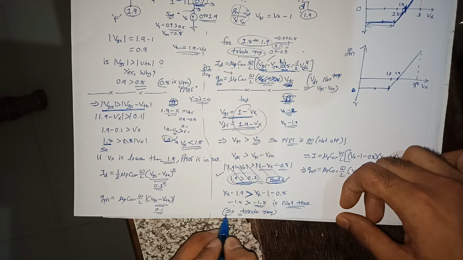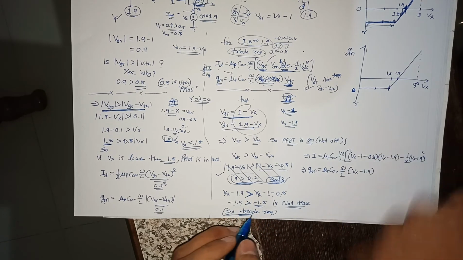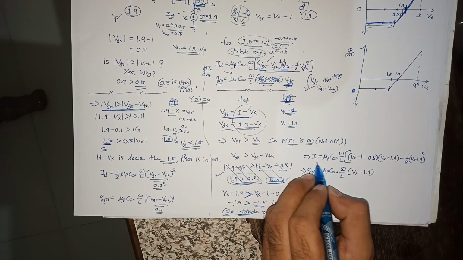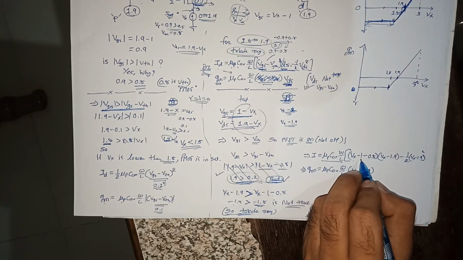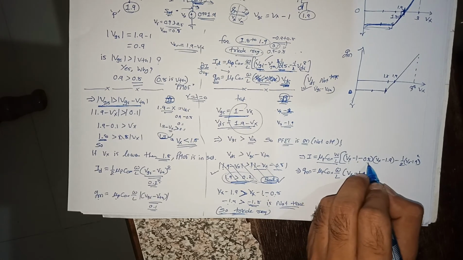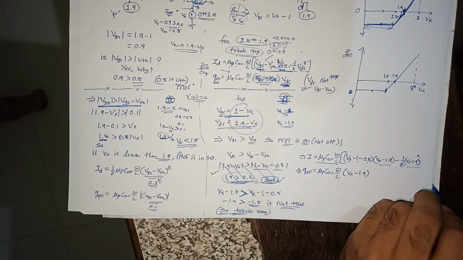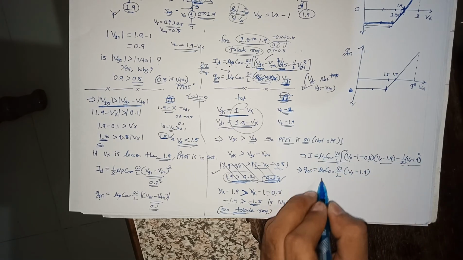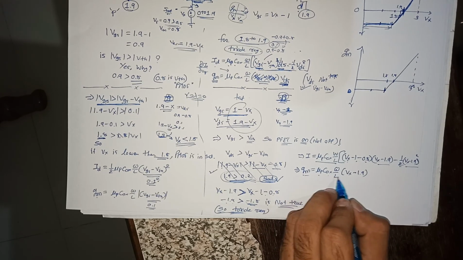So this is not true, so this is falling into the triode region. Okay, so the equation is K (Vx minus 1 minus 0.8), that is Vgs minus Vth, into Vds minus 1/2 Vds square. This is the equation of I and this is the equation of Gm: mu p Cox W by L into (Vx minus 1.9).